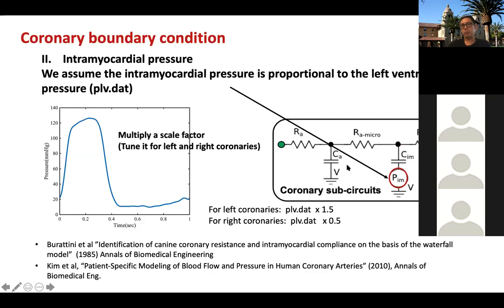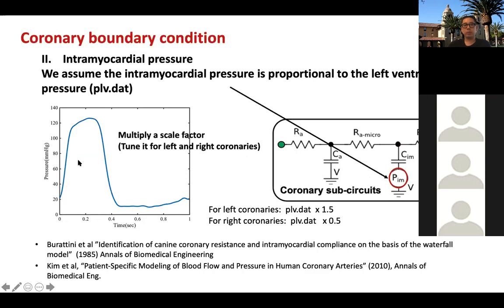But as we put these intramyocardial pressure circuit elements in here, it acts like a time variable resistance at the downstream of the coronary artery. So what we prescribe is some pressure waveform, which is sort of similar to the aortic waveform.